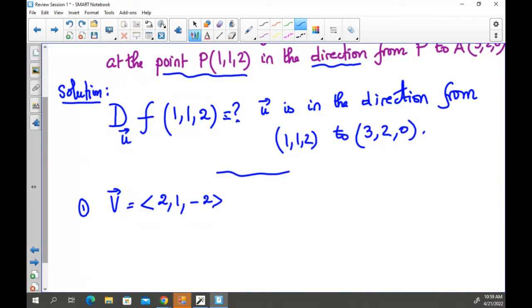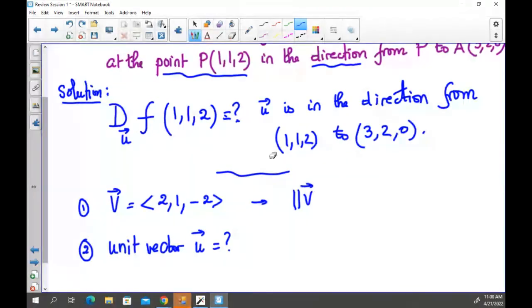The unit vector. Good. After that, we find the unit vector, u. So what is the unit vector? Well, first you need to find the magnitude.